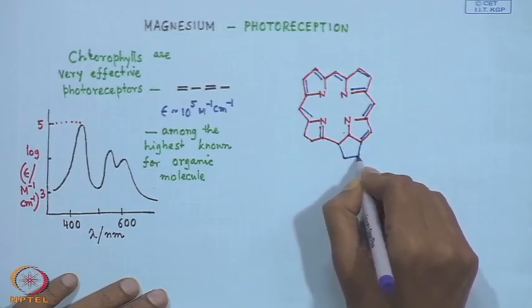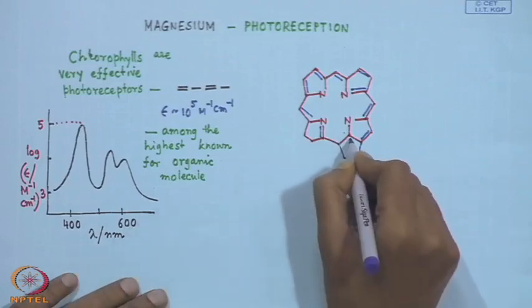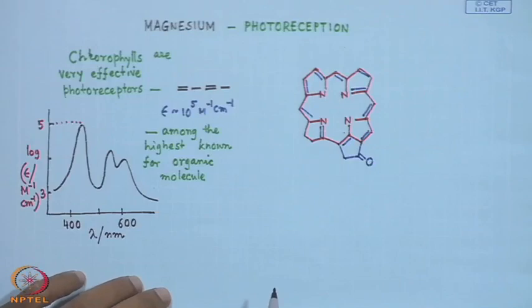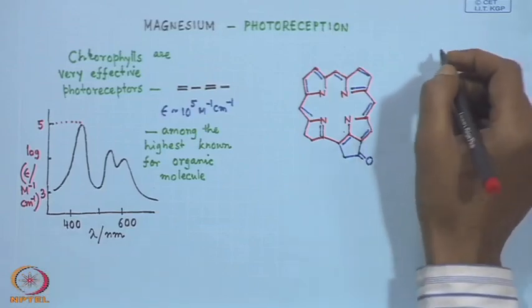So, at this point we have a cyclopentanone ring, and the reason behind having this cyclopentanone ring we will discuss soon.